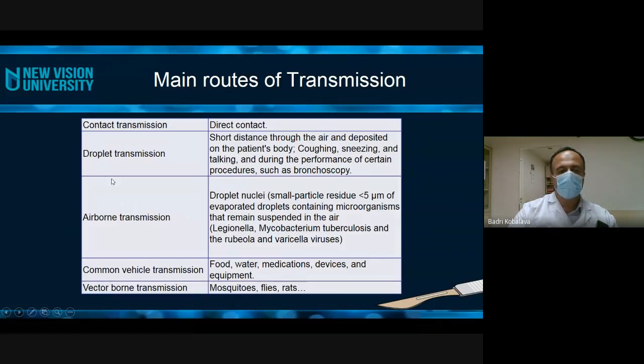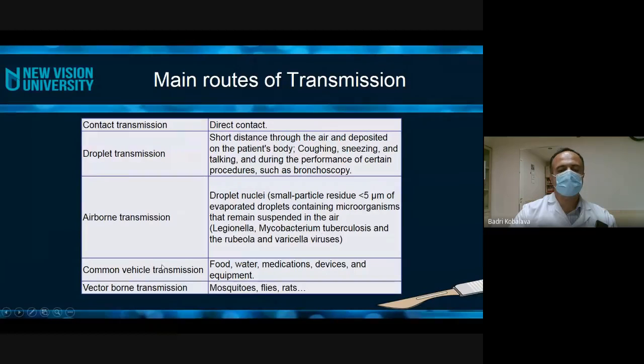This is when droplets are very small. Small particles, less than 5 micrometers, stay in the air for a longer period, and they can transfer microorganisms like Legionella, air conditioner disease, you know, Legionella, Mycobacterium tuberculosis, or viruses.